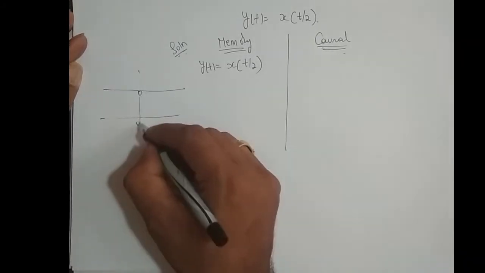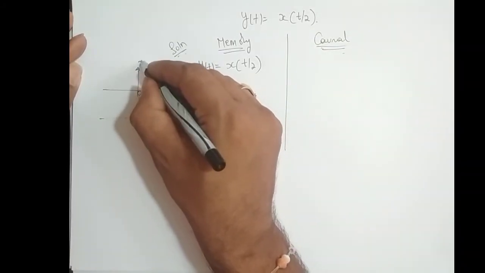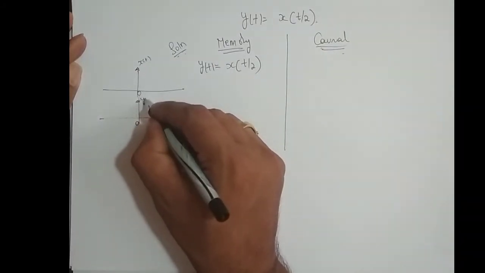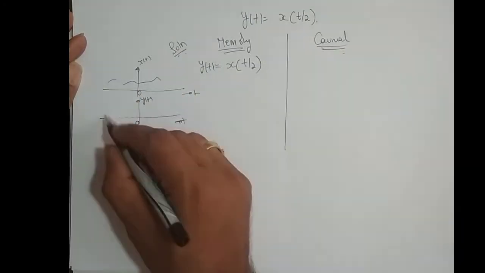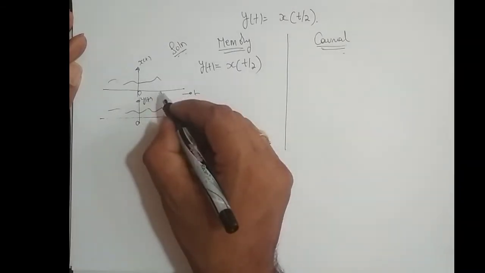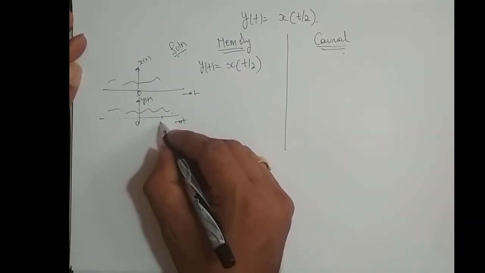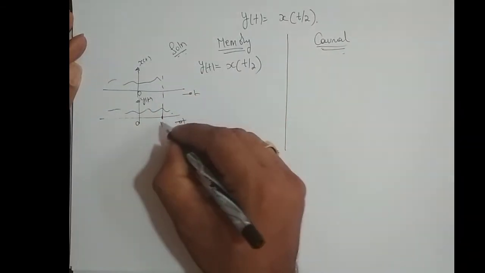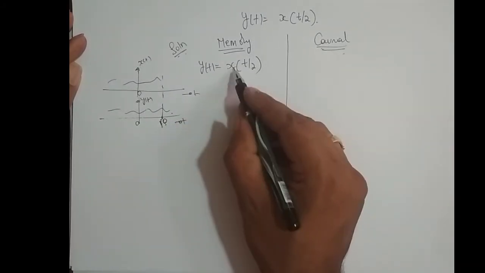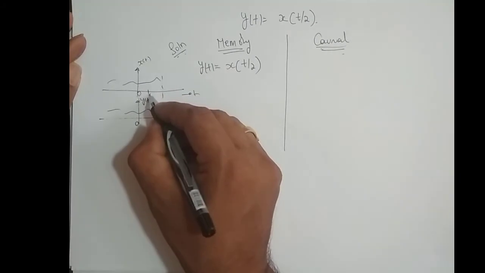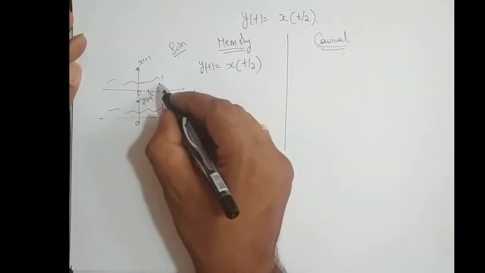So how did I say that? If this is 0, this is input x of t, and if this is output y of t, this is independent variable t, some random input and output. If I put y of t as 10, so this is my present output now, 10. y of 10 depends upon what? x of 5. And where is x of 5? 5 is here.